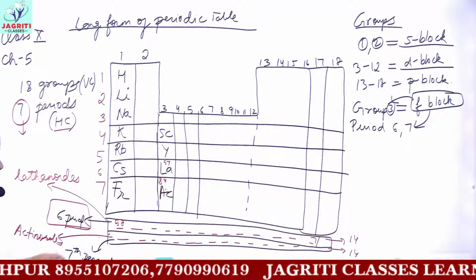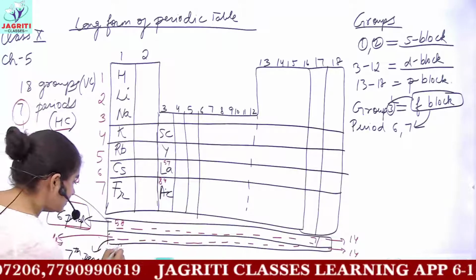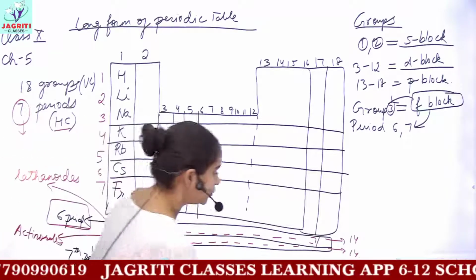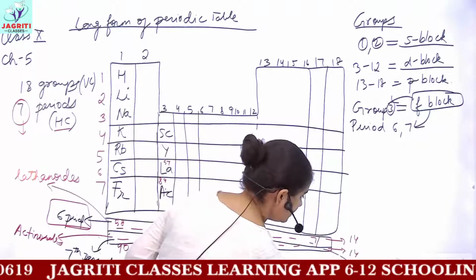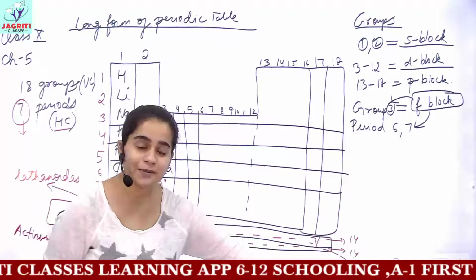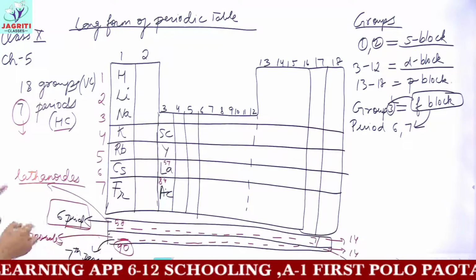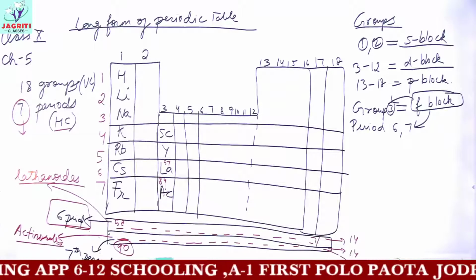So the elements from atomic number 58 to 71 and from atomic number 90 to 103. The last element has an atomic number of 103. We have a total of 14 elements in each, and these were placed in two different series. The first is called lanthanoids and the next is called actinoids.